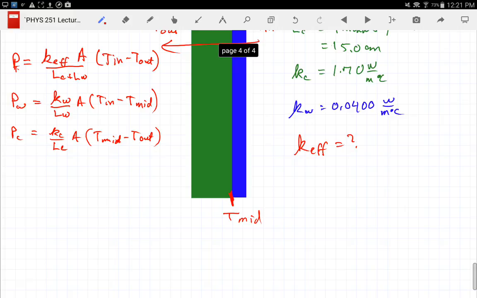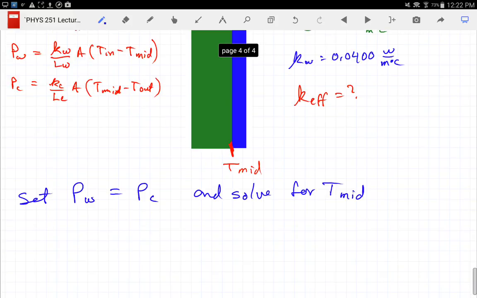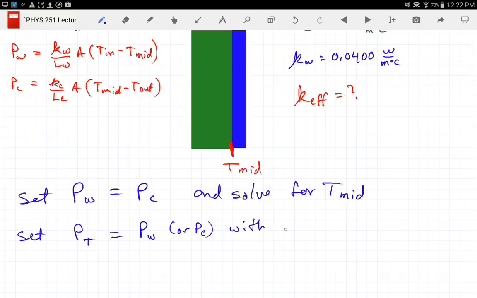That is, I set power for the wood is equal to power for the concrete and solve for the temperature in the mid. And then solve for K effective.